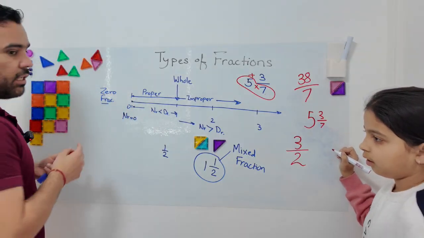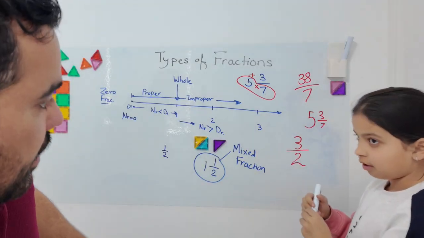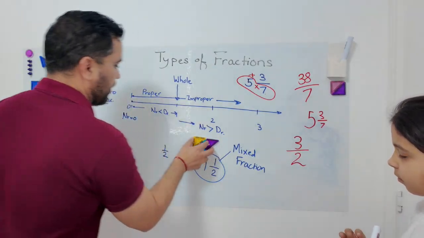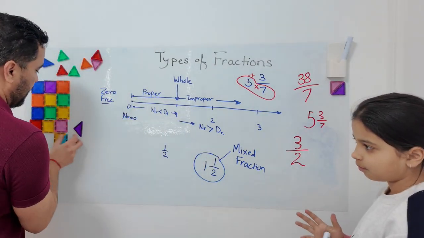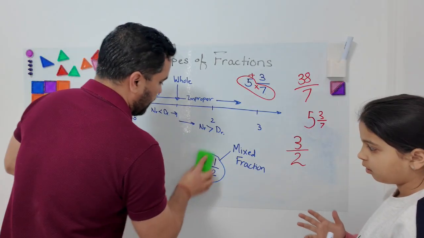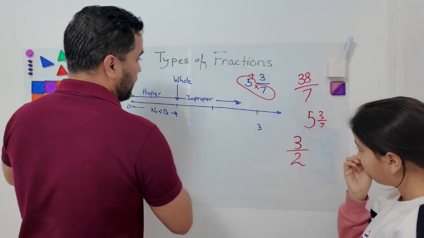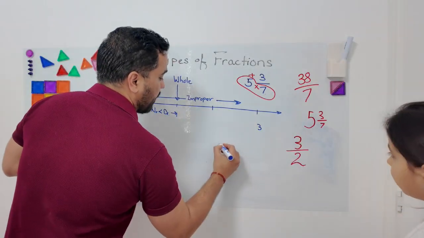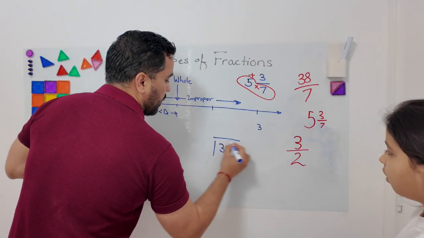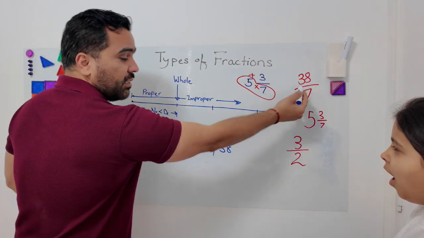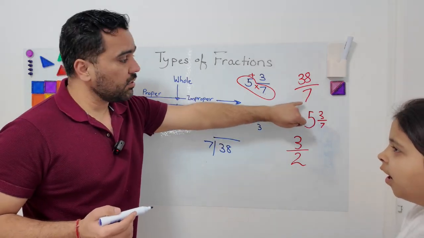I'll tell you one easy way to explain this as well. So say let's get Agasti's chocolate back. All the Lint goes here. So say in this same example, 38 by 7. What this means is you're dividing 38 into 7 equal groups.